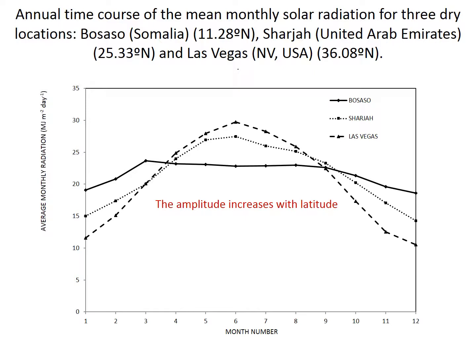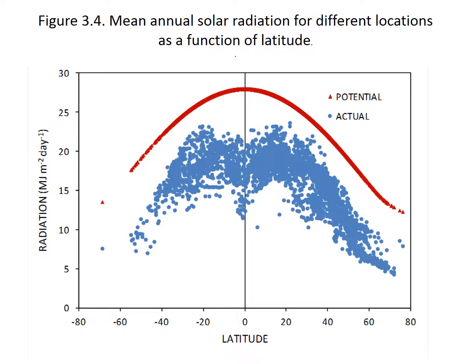This would be Bosaso, close to the equator; this would be Sharjah, and this would be Las Vegas. As we move away from the equator, as we increase the latitude, the amplitude of these curves increases. So we have greater seasonality as we move away from the equator.